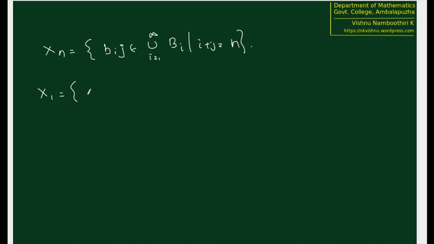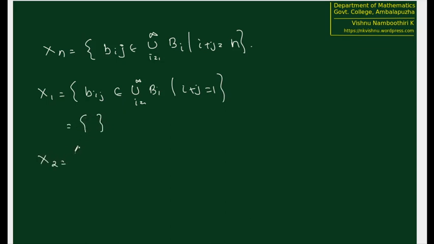We want b_ij belonging to the union over i from 1 to infinity of b_i, where i plus j is equal to 1, but i and j are all natural numbers. Therefore no two natural numbers add up to 1, and the set is just empty. So x_1 is empty.